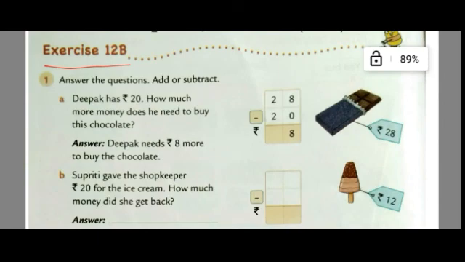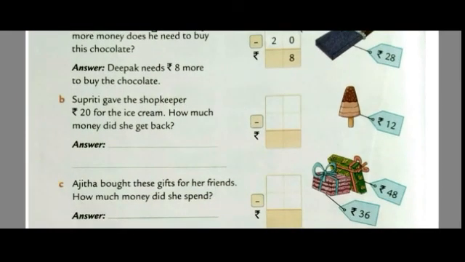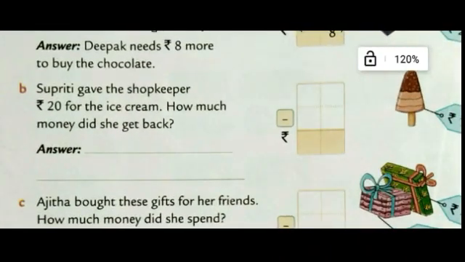Okay, answer the questions, add or subtract. Now, here we have to decide whether we have to add or subtract. Okay, so we'll start from the second one. Supriti gave the shopkeeper 20 rupees for the ice cream. How much money did she get back?